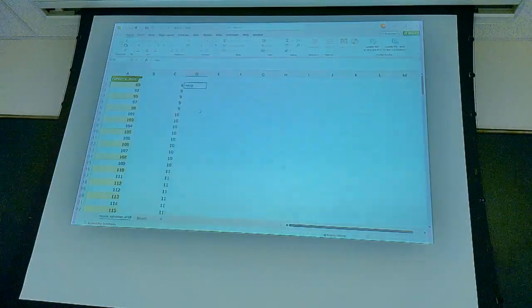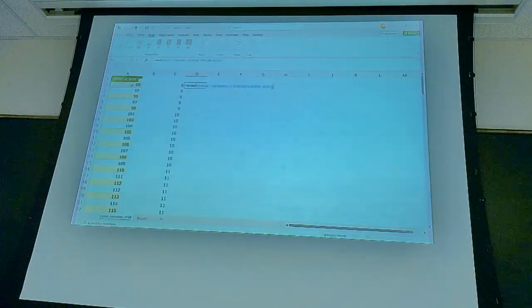To determine the leaves, it'll be MOD, which is a remainder after a number is divided. So we want the remainder of the digit.